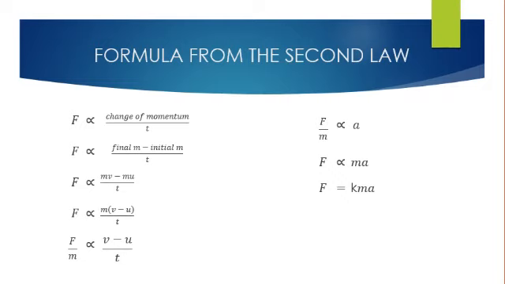Now, if you check the definition of a Newton, you'll find that a Newton is simply a force that gives a mass of 1 kg the acceleration of 1 meter per second squared. By virtue of saying a Newton, we simply mean 1 Newton, right? So our F will be 1. And we already know through the definition that the mass will be 1 and the acceleration will also be 1.